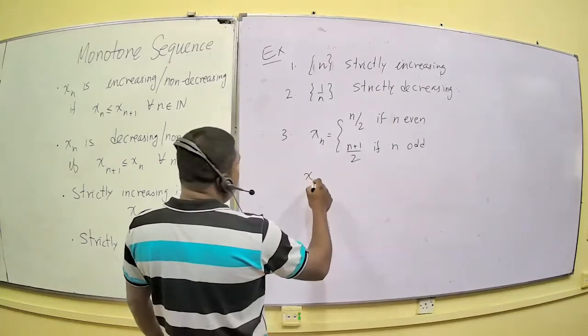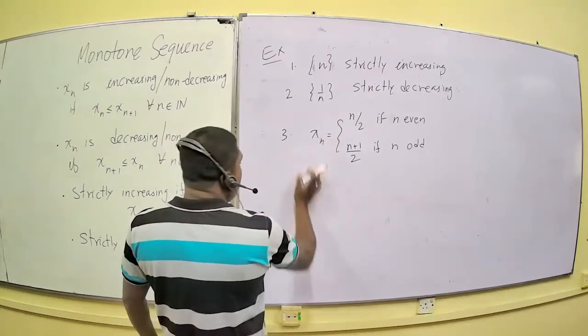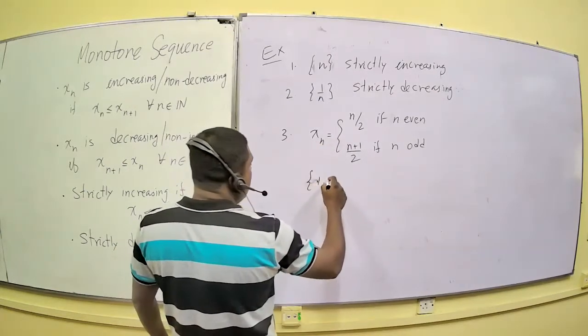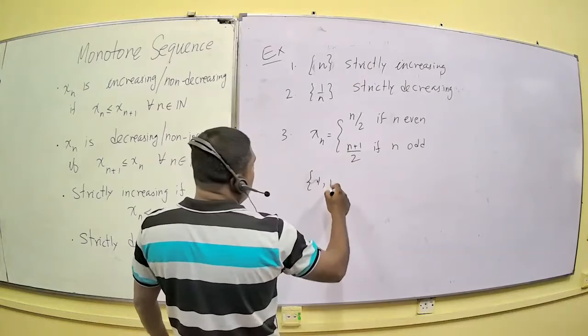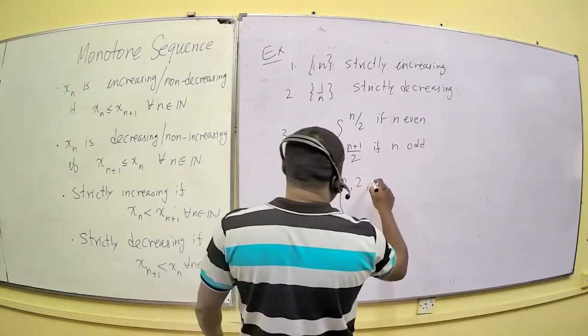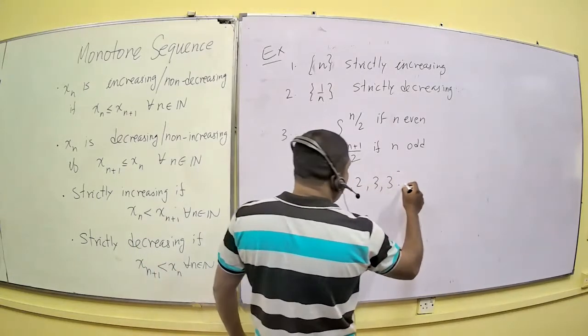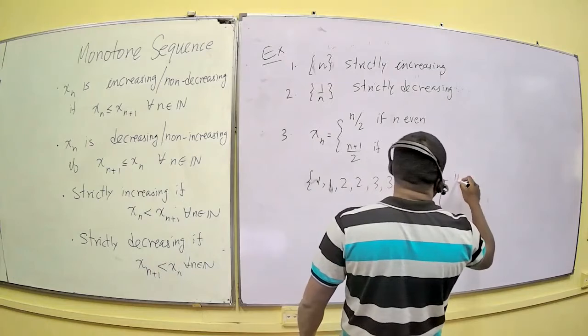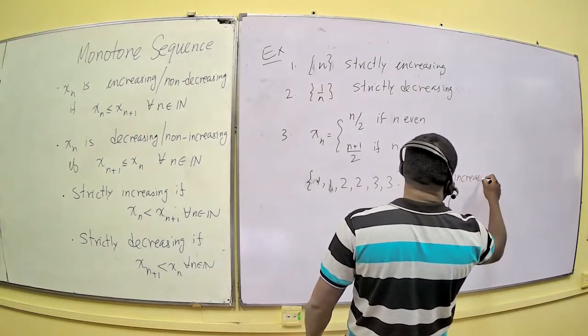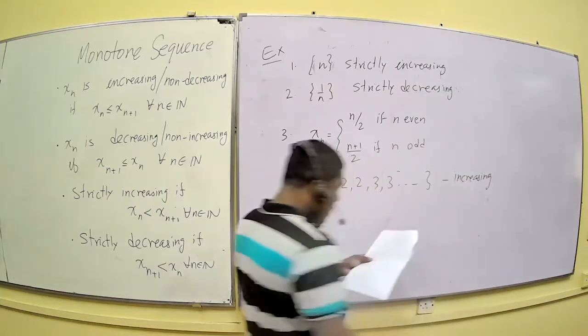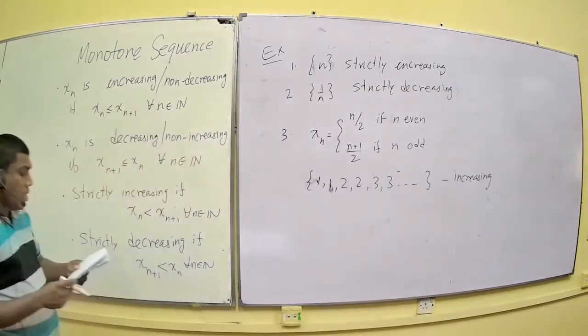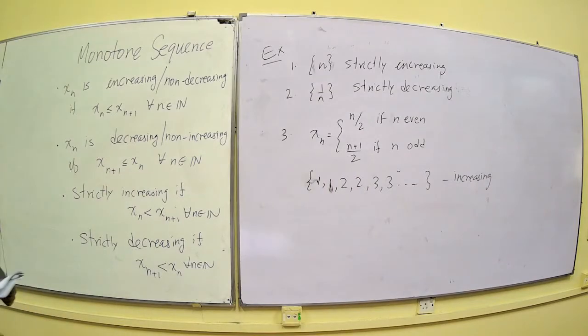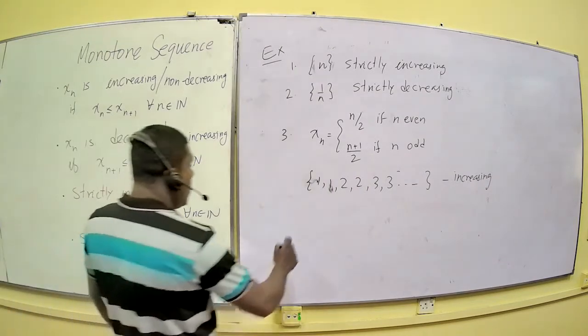In this example, you can see that the sequence will be like this: 1, 1, 2, 2, 3, 3, like that. So in this case, it is increasing. These are a few examples of increasing or decreasing sequences.